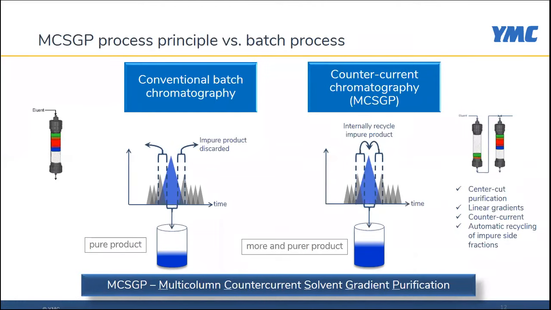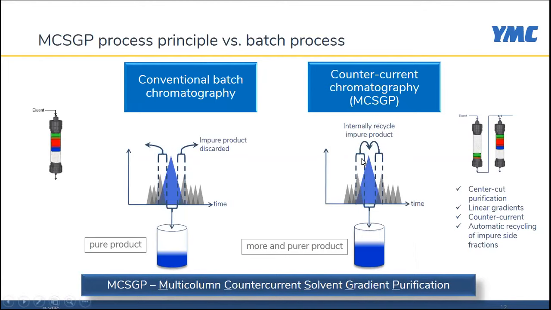Sometimes in batch chromatography, folks collect this fraction with higher impurity and then do an extra load at the end of the run. But with the MCSGP process, we can now automate this internal recycling of the impure product fraction in the front and in the back of the main peak.